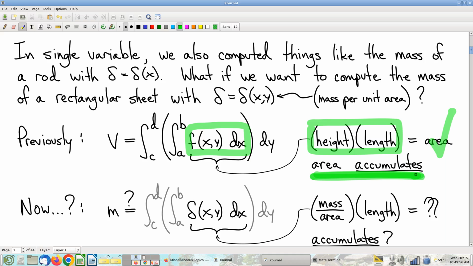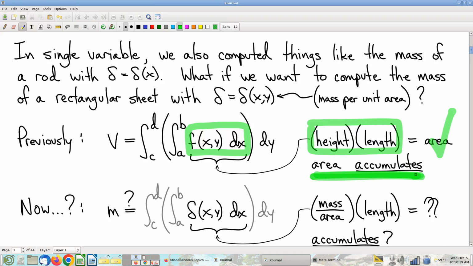And I want to point out, not every quantity of interest does this. A nice example is concentration. If you have a glass of water that's 10% salt, and you have another glass of water that's 20% salt, if you mix them together, is it 30% salt?